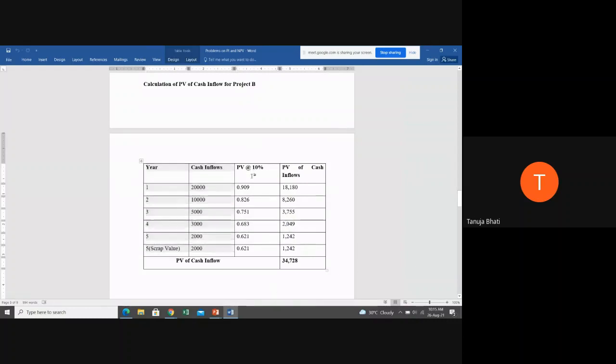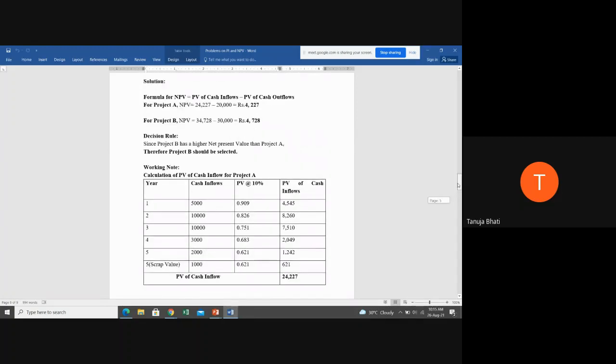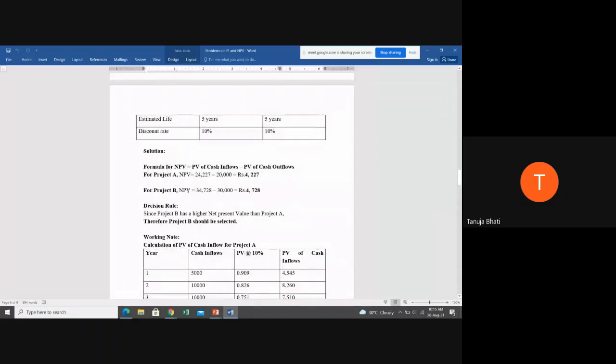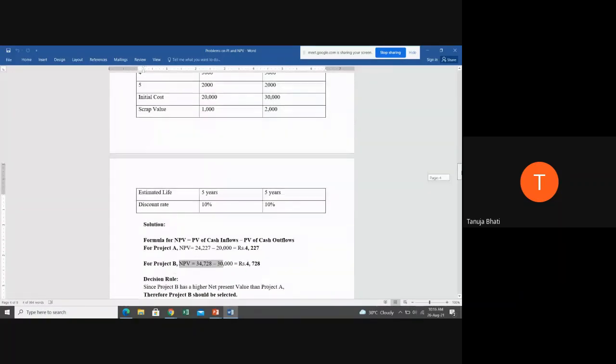You write the PV factor at 10% as it is. Next, PV of cash inflows will be cash inflows multiplied by the PV factor. When you multiply these two, you get 34,728. You put this in your main answer, that is 34,728 minus the cash outflow for project B.